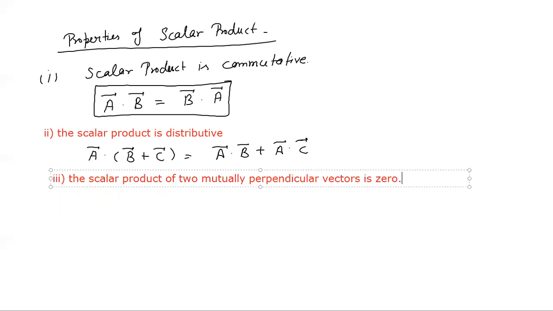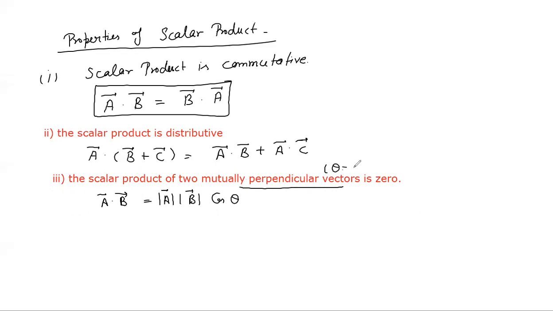Okay, so what is the meaning of this line? If we write a vector dot b vector, and we know that a and b are perpendicular to each other, so what we get? We get mod a mod b cos theta. Two mutually perpendicular vectors means theta equal to 90 degrees.